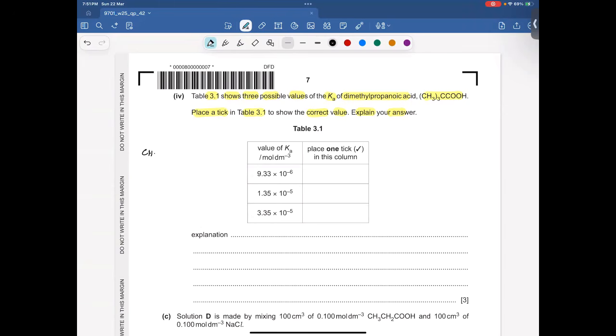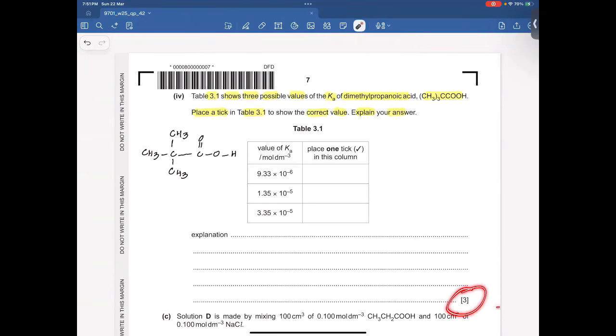This is CH3. This is CH3. This is CH3. This is CO, O, and H. By the way, I have discussed this area with you in extreme detail so that you can handle such sort of explanation, and this explanation has 3 marks.